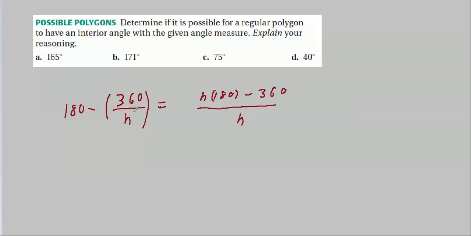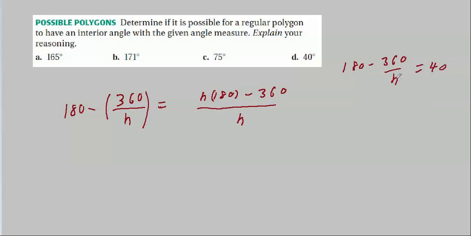Remember, for these large numbers, like 40 degrees, I think that's not going to be possible. How could this ever be 40? For instance, let's try it. Let's set 180 minus 360 over n, and see if there's any n which would give us 40, keeping in mind that n has to be an integer.